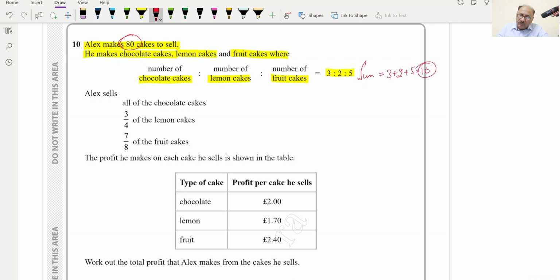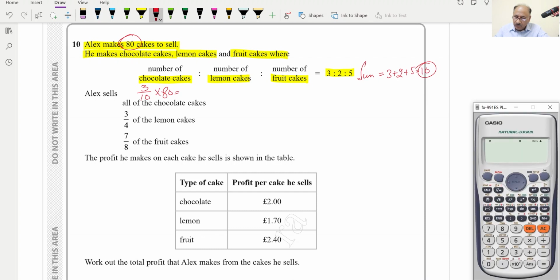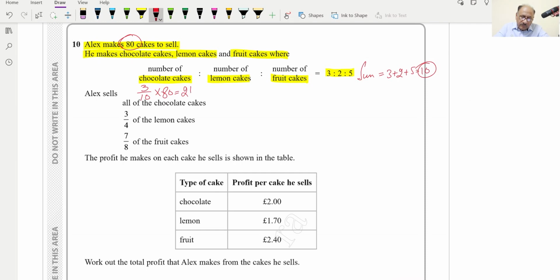So the sum of ratios is 10, chocolate is 3, so 3 divided by 10 multiplied by 80 will be equal to 24. So chocolate cakes are 24.